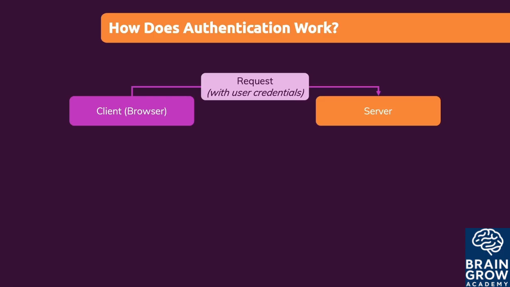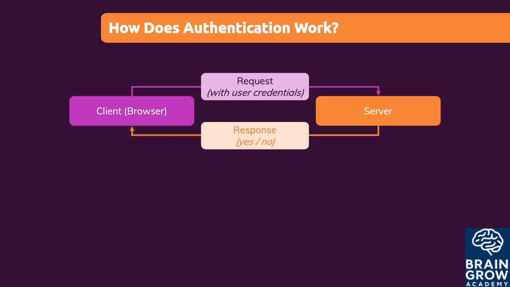Then on the server, we can validate that input. We can reach out to our database and see if we find an account for that email address, and if the entered password matches the password we find in the database. And then we send back a response which basically says, yes, your credentials were correct, you are authenticated, or which declines the authentication request.